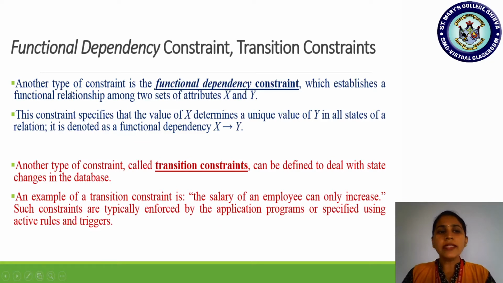Okay. Another type of constraint is the functional dependency constraint, which establishes a functional relationship among two sets of attributes x and y. So, observe the terms functional dependency. In a particular relation, in a particular table, there exist many attributes, and here in our definition they have considered the attribute names simply as x and y.